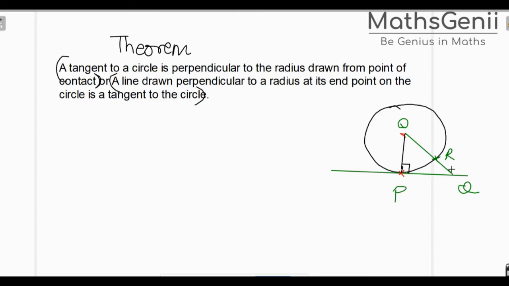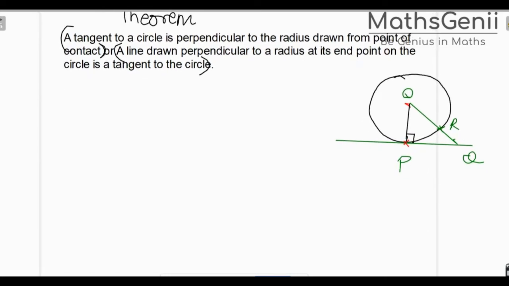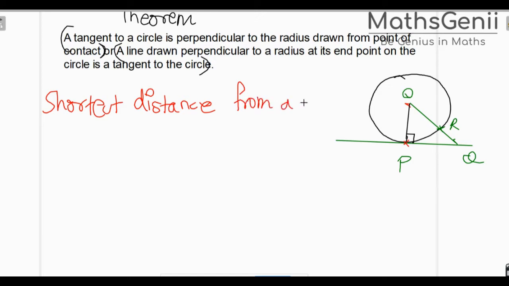There is one property which you had studied in class 9th. What is that property? I'll quickly write on the screen. The property is: shortest distance from a point to a line is perpendicular distance.